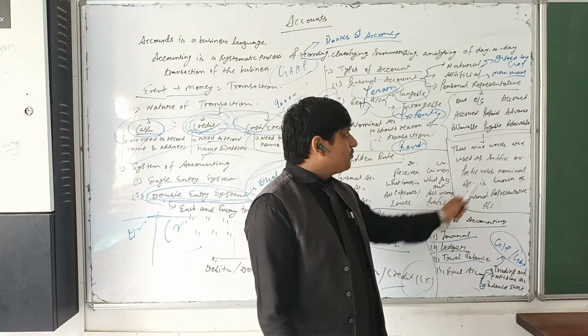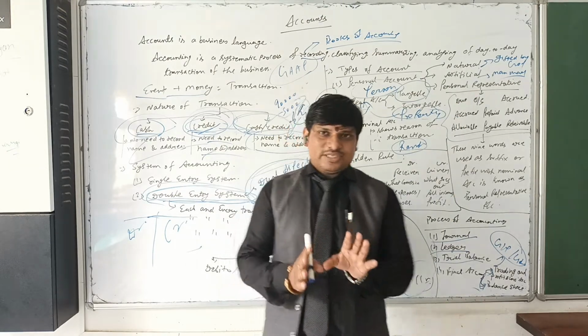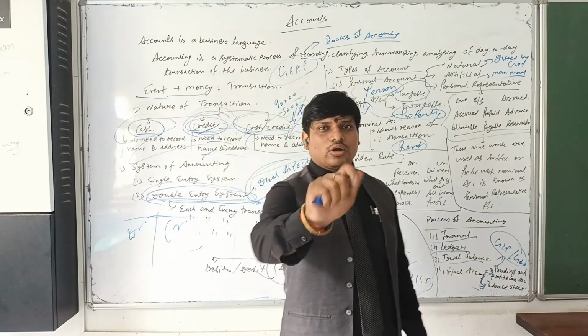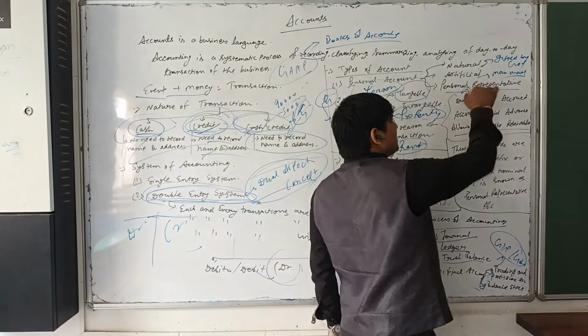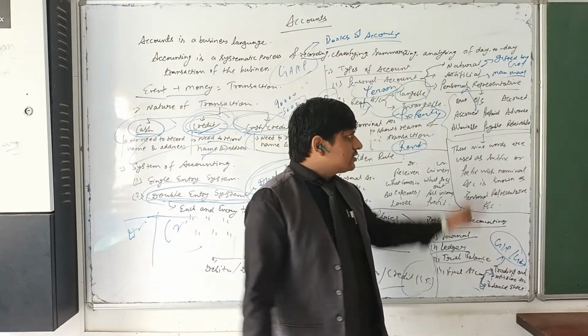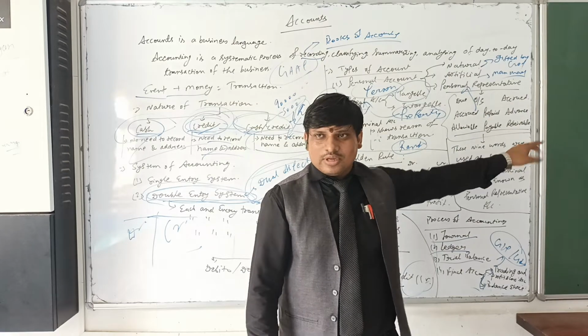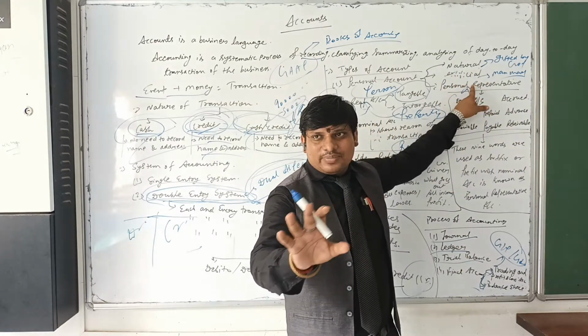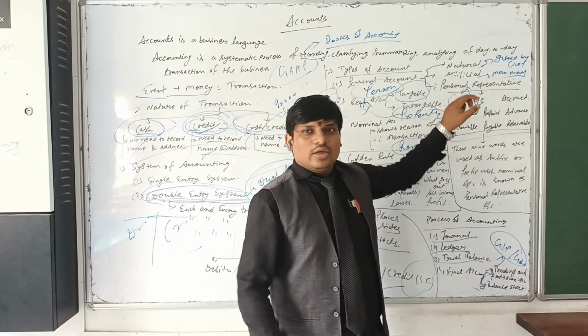Now come to the personal representative account. A personal representative account is an account which is actually not a person but represents a person. It means the account represents a person who is not actually a person, natural or artificial.